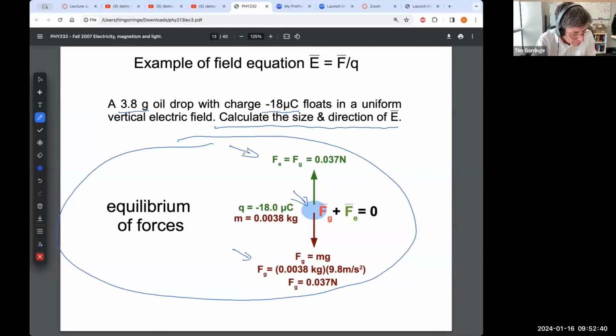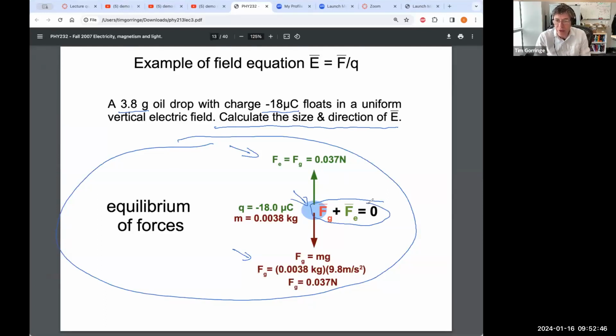The key point, and I'm belaboring this, is that there's an equilibrium between gravity, the red vector here, and electrical force, the green vector here. These two forces must be equal and opposite because they add up to zero. I even pictured that: this red arrow is the downward gravitational force, and this green arrow is the upward electrical force, and they're equal and opposite.